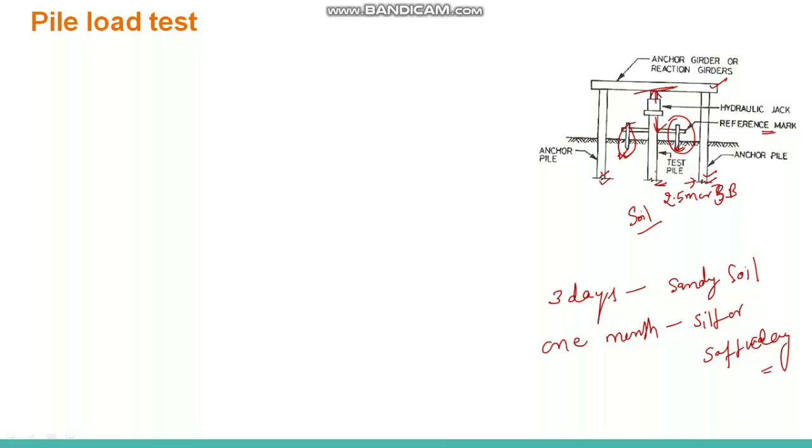The load is applied in equal increments of 20% of the allowable load. So we apply it in increments, and settlement can be recorded using the dial gauge reading.